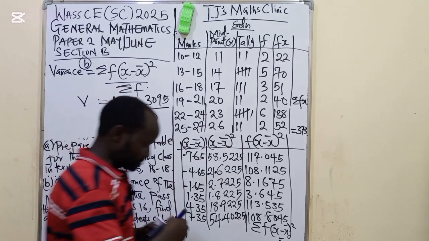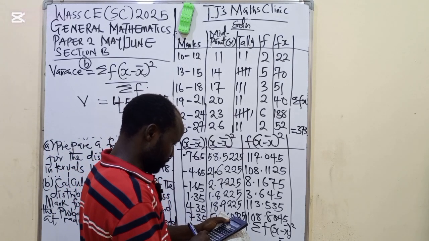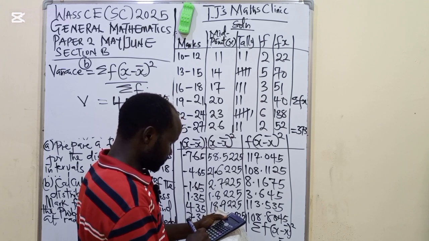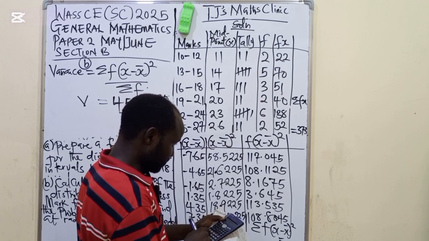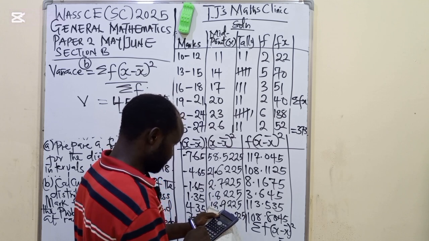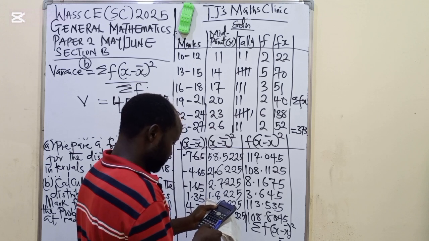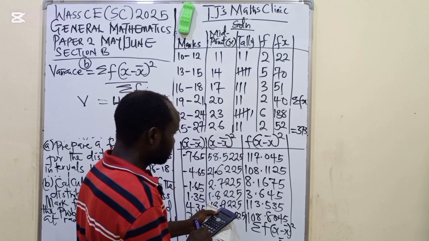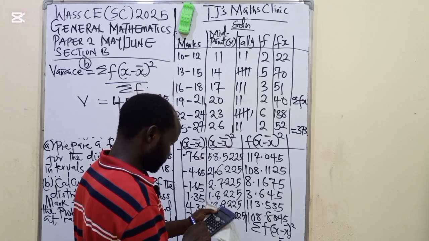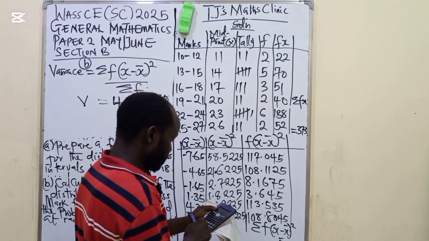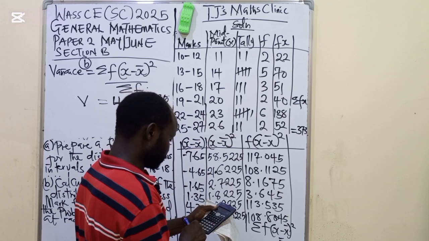Let's still check, very important. Let's still add to see: 108.8045 plus 113.535 plus 3.645 plus 8.1675 plus 108.1125 plus 117.045.